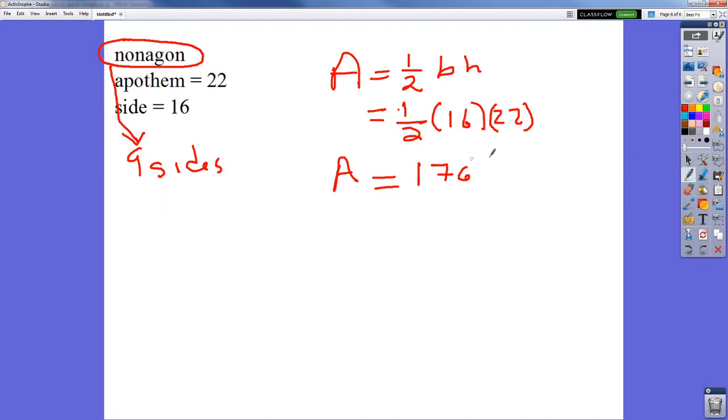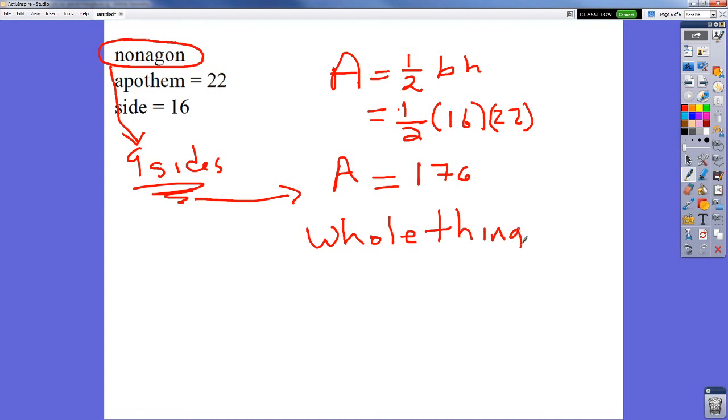Slightly less like a G. So 9 sides. And so the whole thing is 9 times 176. And I'm just going to cut straight to the chase here. 176 times 9.